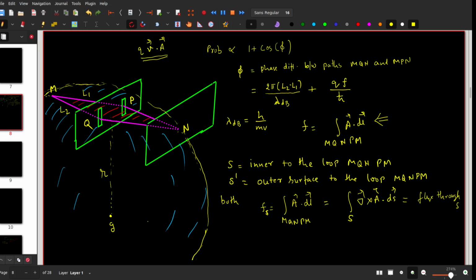But this monopole is producing a magnetic field of the form mu naught g upon 4 pi R square. This is the magnitude of the magnetic field produced by this monopole. So the flux passing through this inner surface S will be simply proportional to the area of this inner surface.